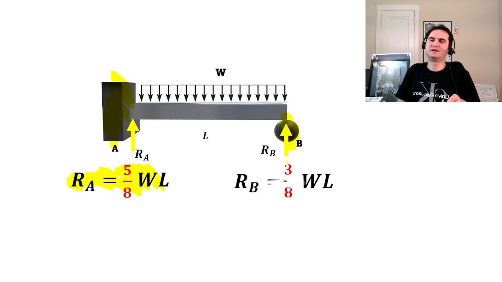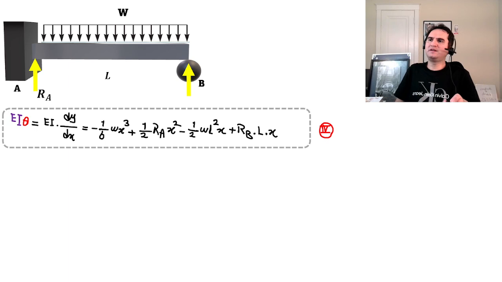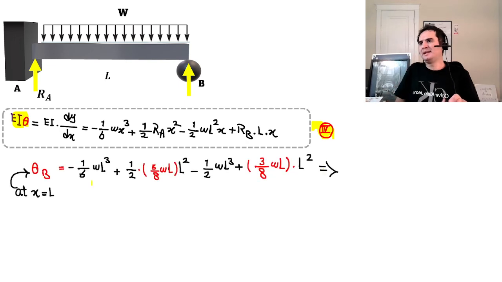The 5 over 8 share goes to RA, and the rest, which is 3 over 8, goes to RB.